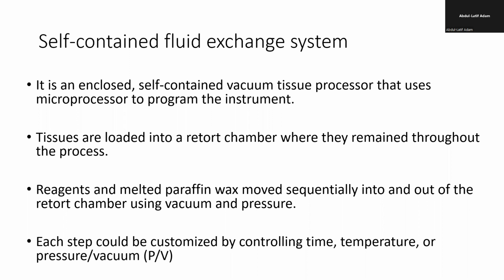There is no way you can create vacuum in manual processing, because you lift the lid and then transfer it, and there is no way you can seal it. But vacuum is very important when it comes to fluid penetration. So it makes the automatic processor very beneficial.